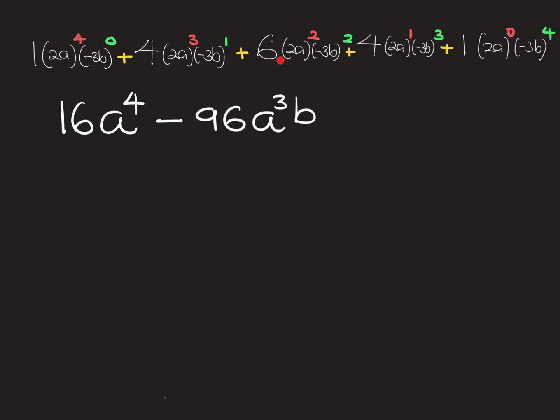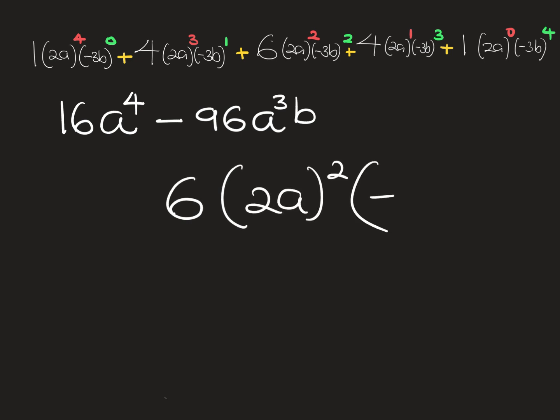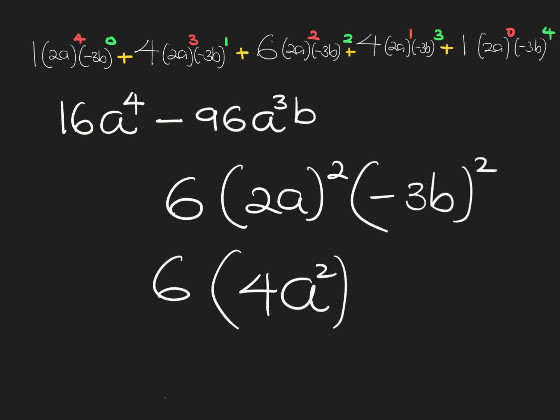So for this expression, we have 6 into 2a to the power 2 into minus 3b to the power 2. That is 6 into 2 to the power 2, which is 4, a to the power 2, into minus 3 squared, which is the same as minus 3 all in bracket to the power 2.